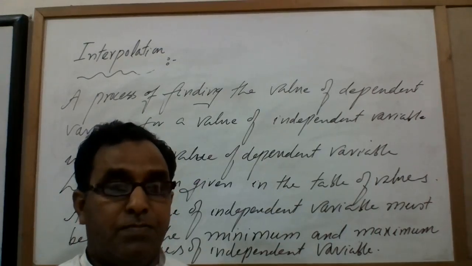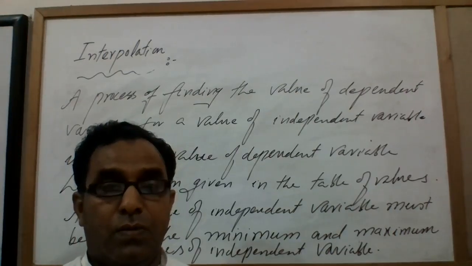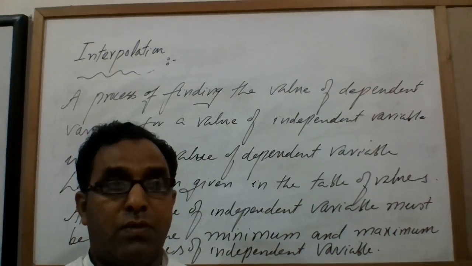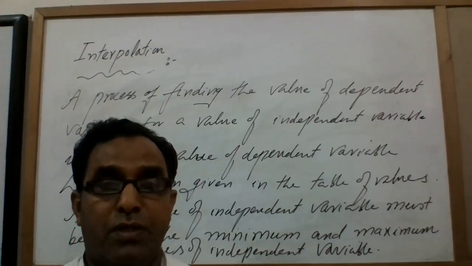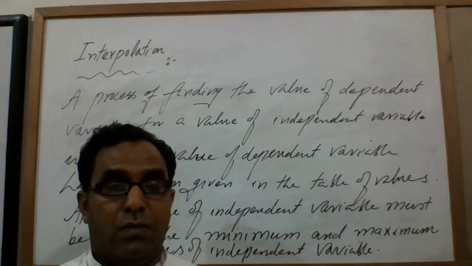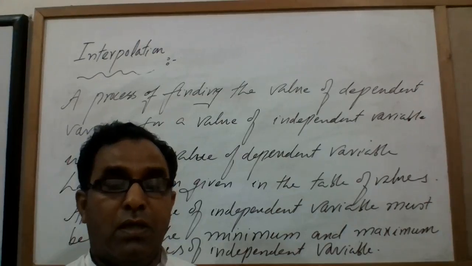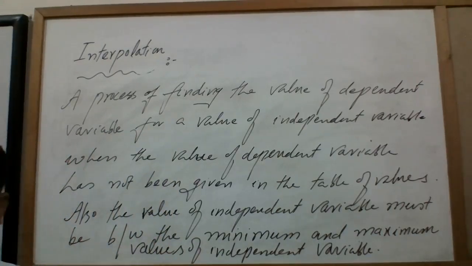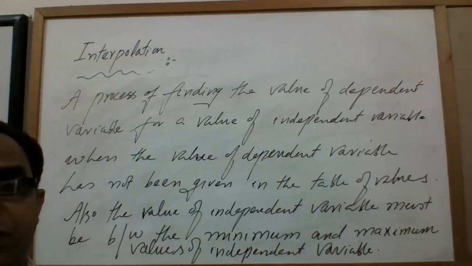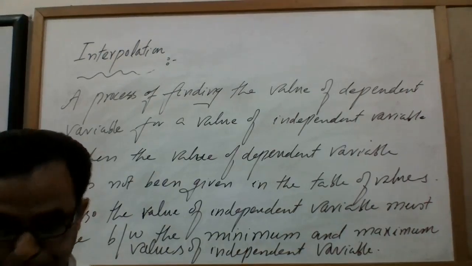And the polynomial or function which is used to find the value of dependent variable for any arbitrary value of independent variable is called the interpolating polynomial. So next, we just look at the interpolating polynomial briefly.